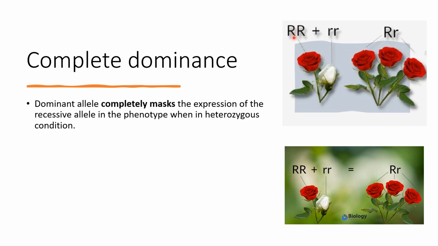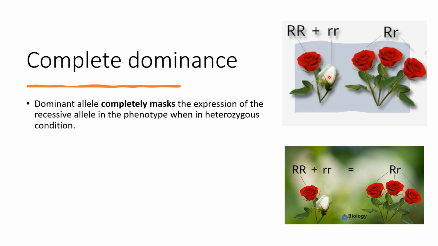So all of the gametes produced by this red flowering plant will have uppercase R, because you can see that the genotype only consists of uppercase R. Even here, all the gametes are going to consist of lowercase r, because you only have lowercase r.